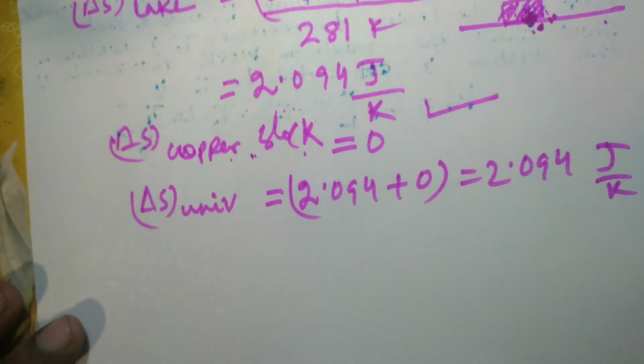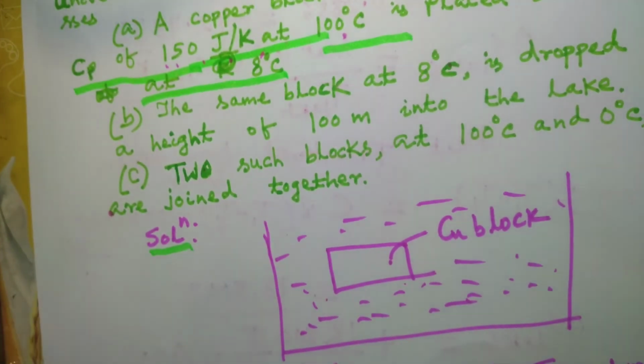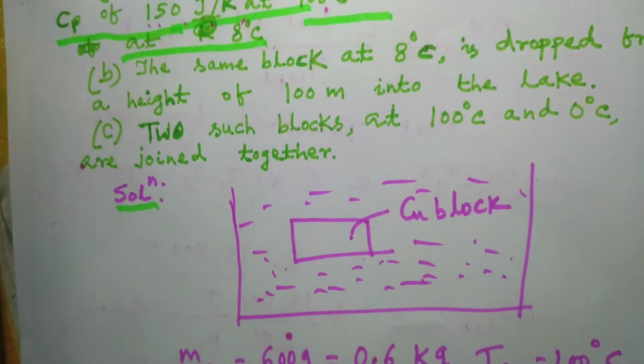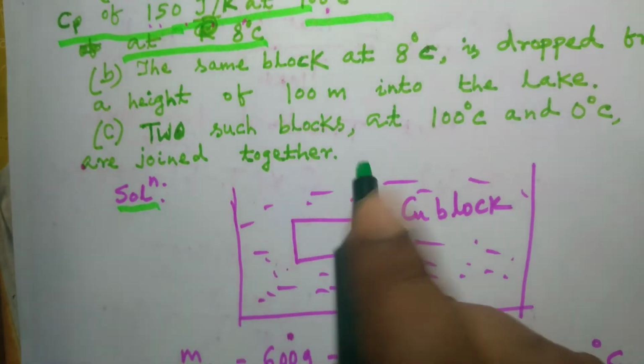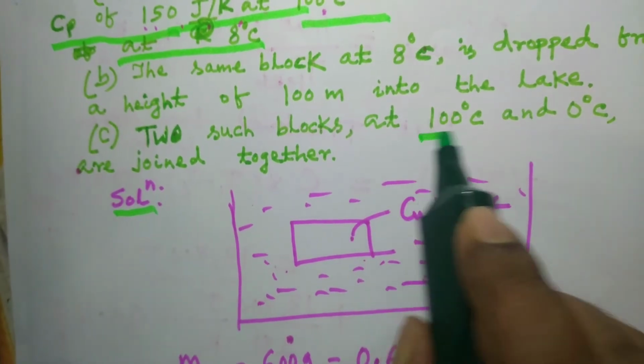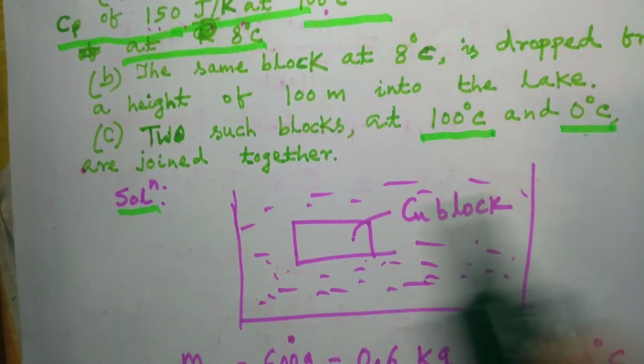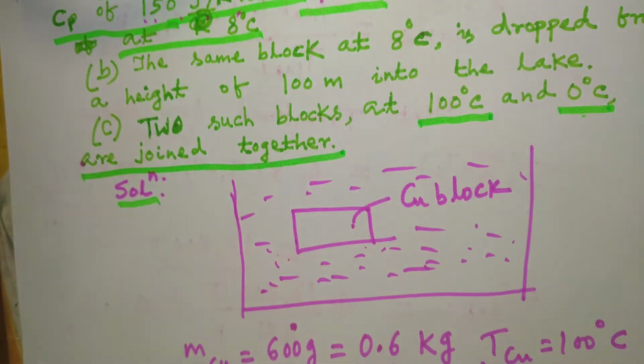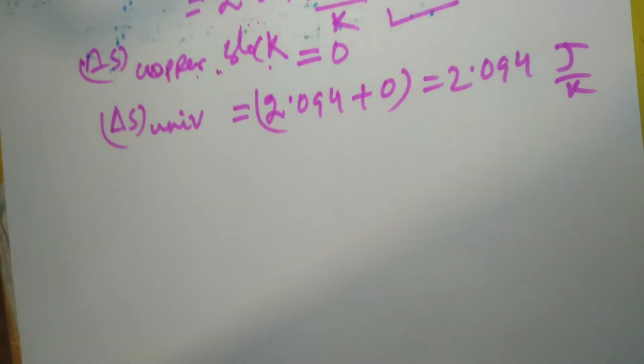So the next case, the same block, that was case B, and the third case is two such blocks at 100 degrees Celsius and 0 degrees Celsius joined together.